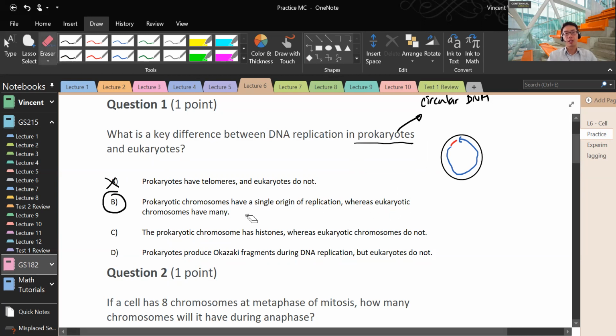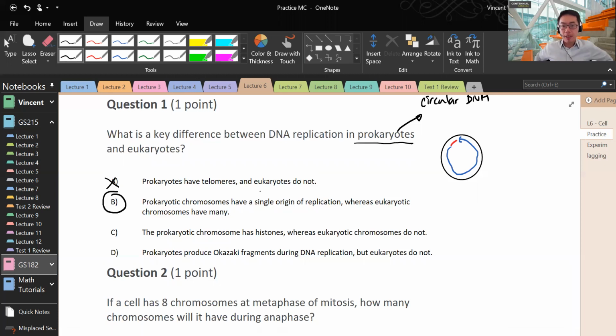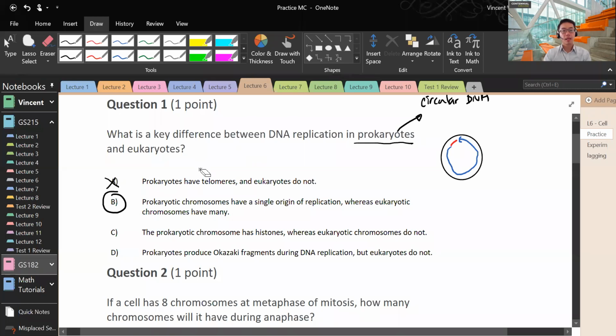But our chromosomes are so long that with only one replication bubble, it would take forever to copy the entire chromosome. By having multiple origins of replication, you can speed up the process exponentially.